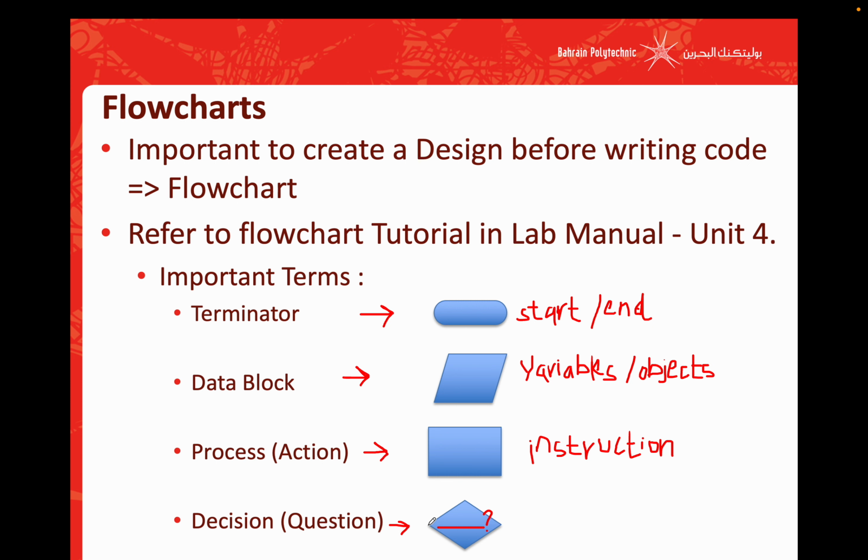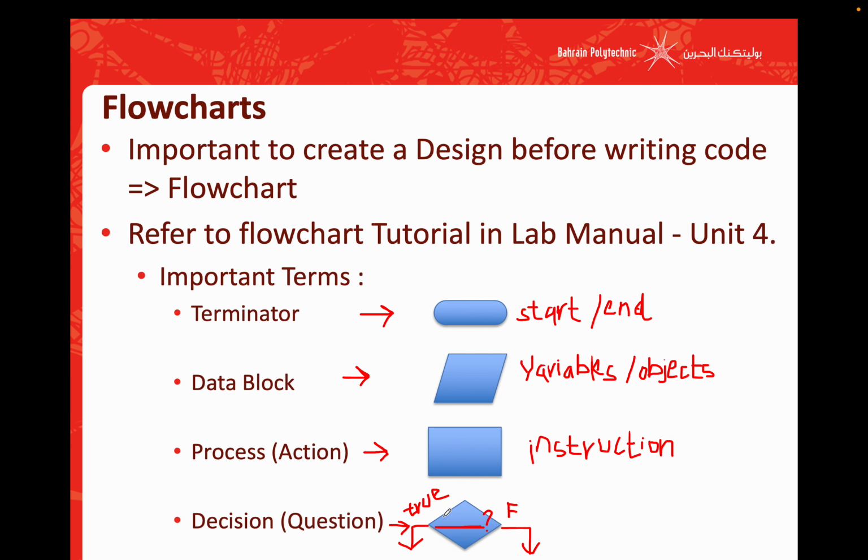So this shape usually has a true branch, we call it a branch, but it's a side of the shape. Okay, so a true branch and then a false branch. I'll just write F for false. So if whatever you've written here turns out to be true, you follow one sequence of action, and if it's false, you follow another sequence of action.